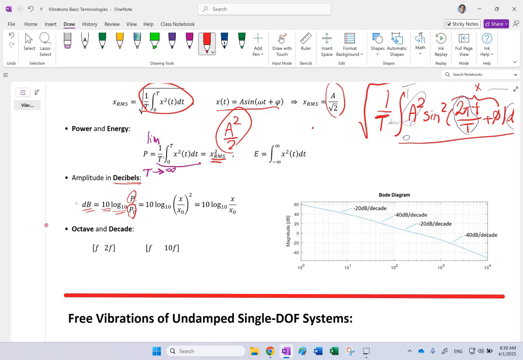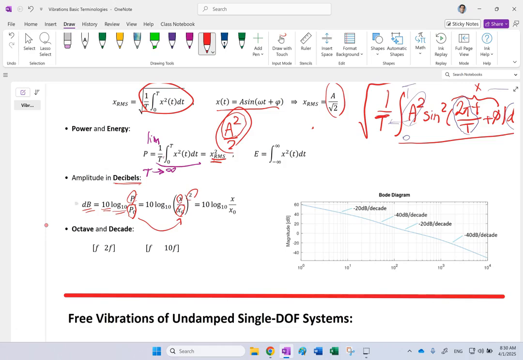Well, since you've learned that the power of a signal for a sine wave is proportional to the amplitude squared, and here these x's and x zeros are like amplitudes, the ratio of powers is proportional to the ratio of amplitudes squared, so you can replace it there.